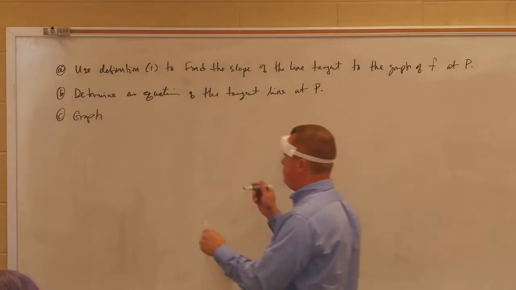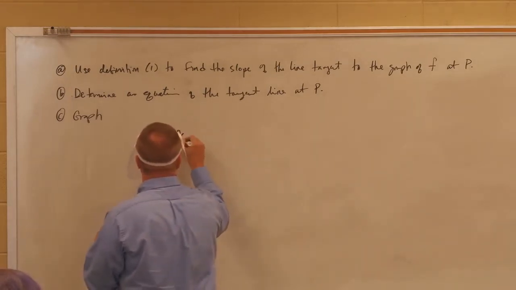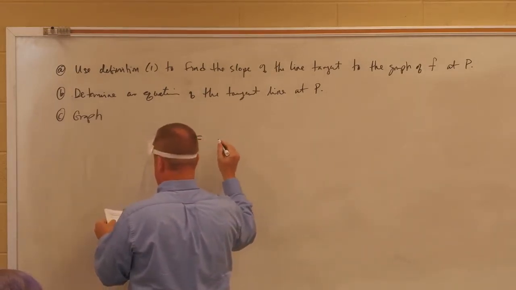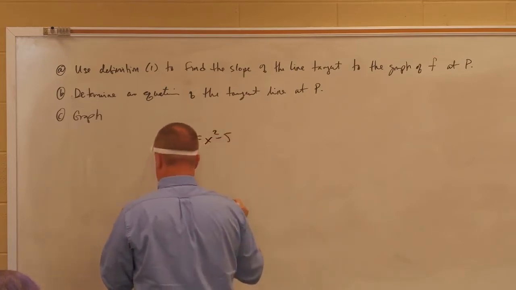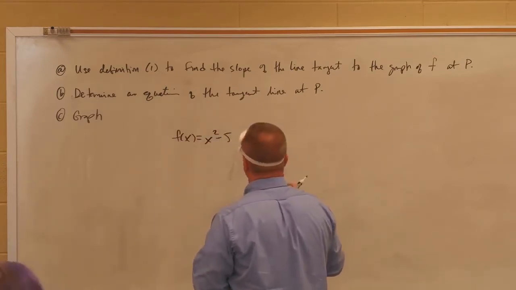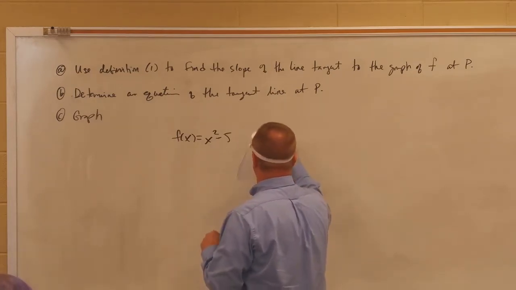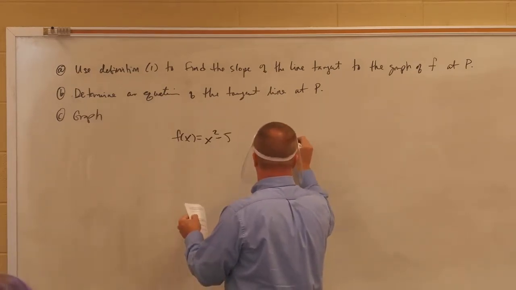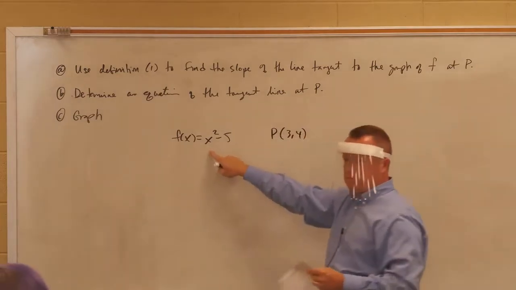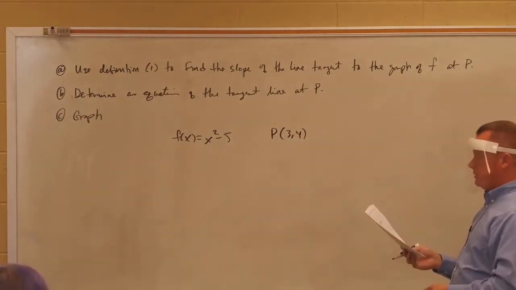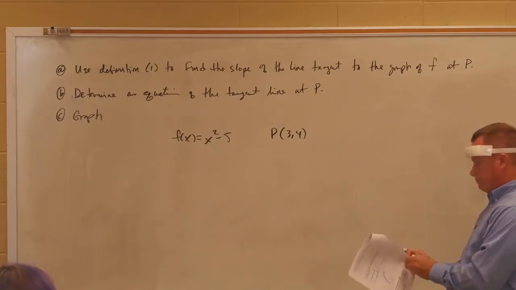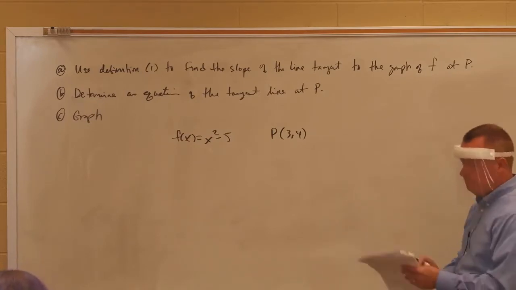All right, so let's take a couple of functions. Let's say we've got f of x equals x squared minus 5. Okay, and I want to know what is the slope of the tangent line at the point 3, 4. So this is a point on the graph, and then an equation of the tangent line. All right.